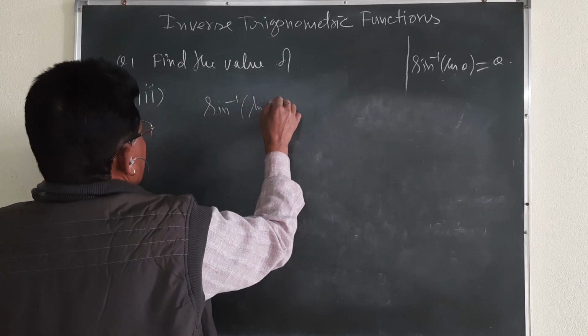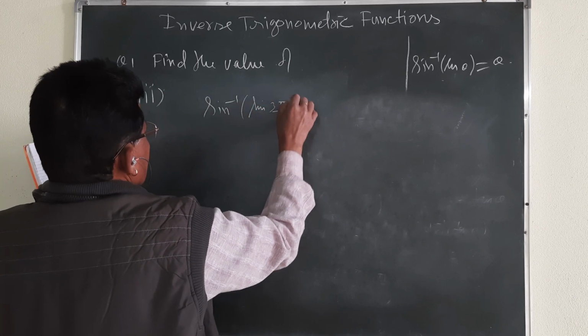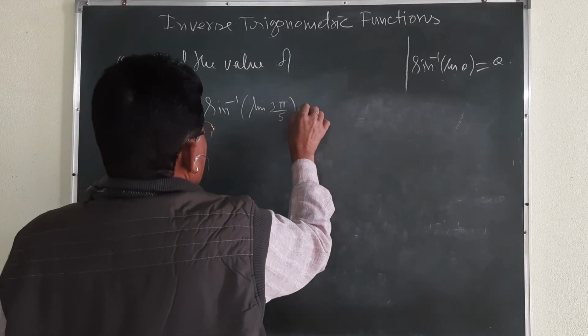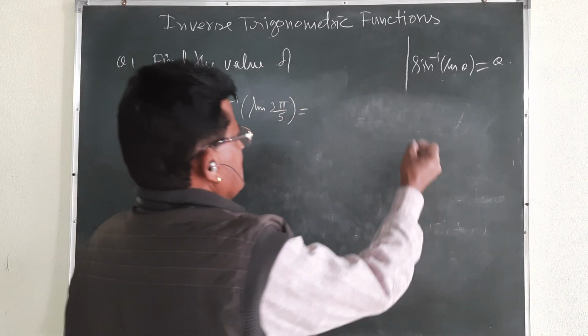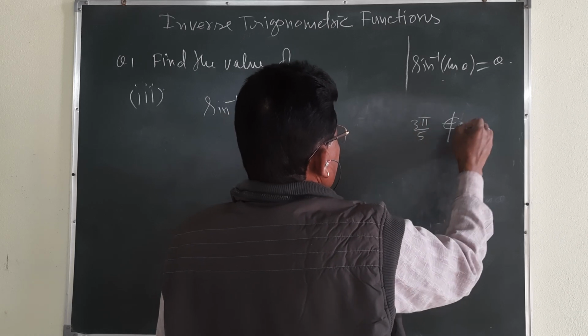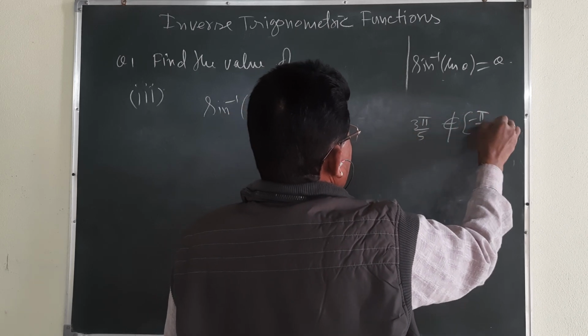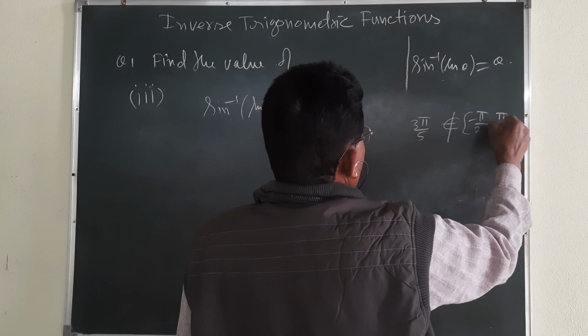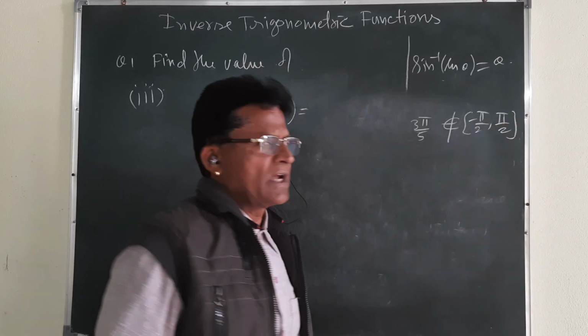Sine inverse sine of 3 pi by 5. Dear student, you see 3 pi by 5. Same thing: 3 pi by 5 does not lie within the range or principal value branch of sine inverse.